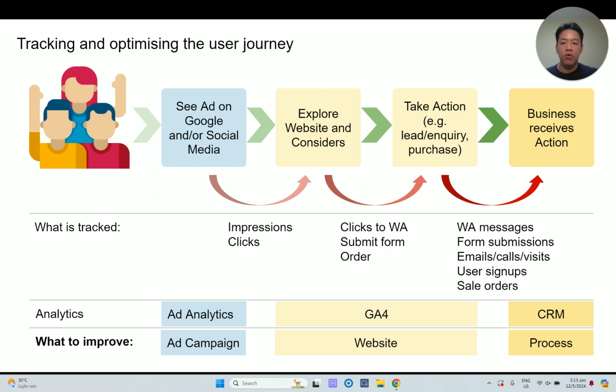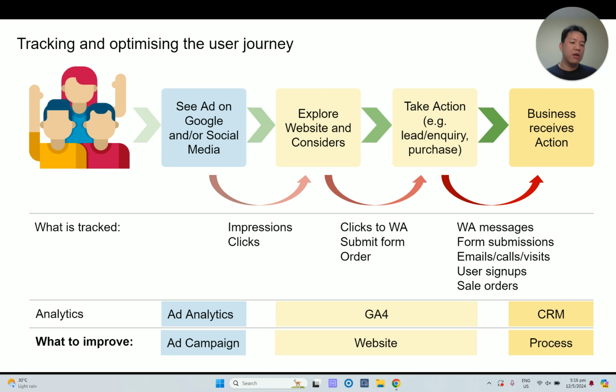Because if you look at the journey, if you're able to already have a good number of impressions generated by your ads, and from those impressions your ads are already able to attract a good number of traffic, that means a good number of clicks to your website, that generally means your ad campaign is performing quite all right.